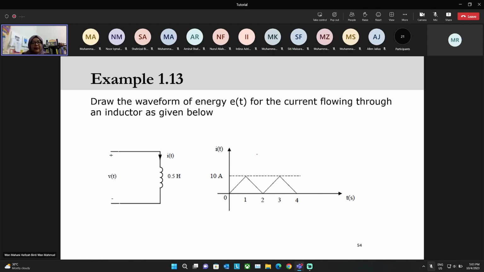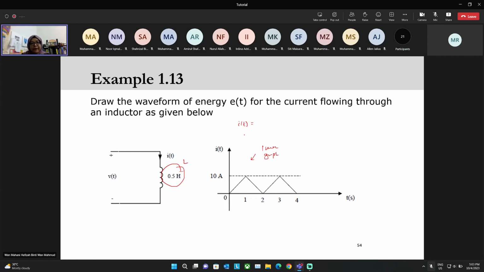So what can you take up from the information given? Ini value L dan ini value I. Value I ni since this is linear graph, so nak baca I tu macam yang kita baca semalam lah. Okay, I believe semua dah ada information yang semalam tu.